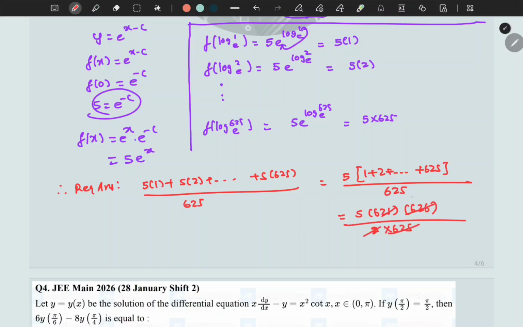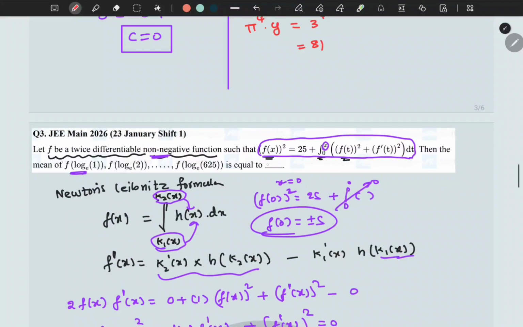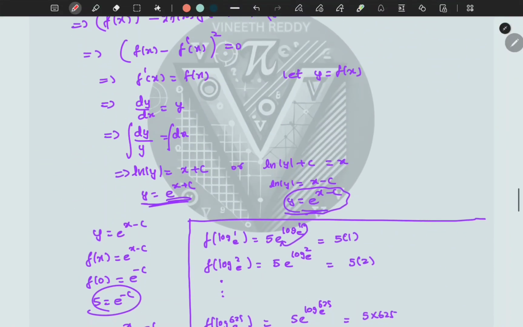So I think this gets cancelled. This should be 313. Now 313 into 5: 5 3 is 15, 5 1 is 5, 6, 5 3 is 15. Let us cross check. I think it should be 1565, right? It should be 1565. Perfect. So let us go with the next question.